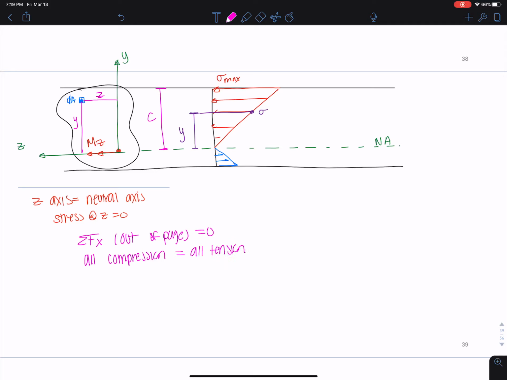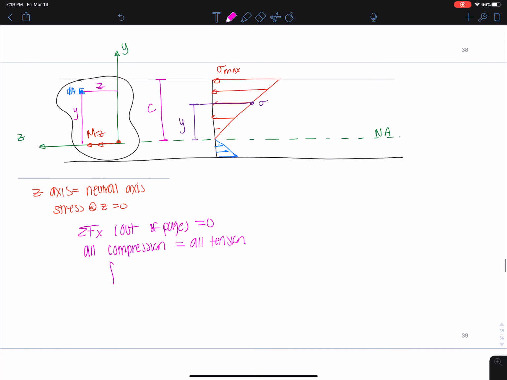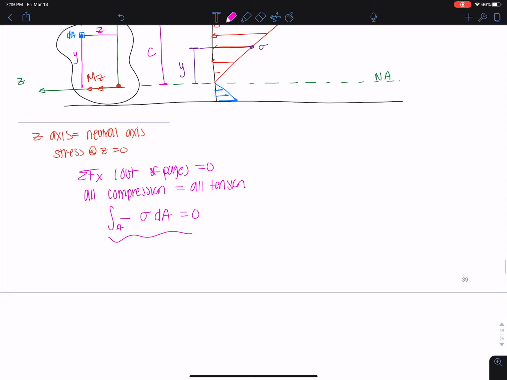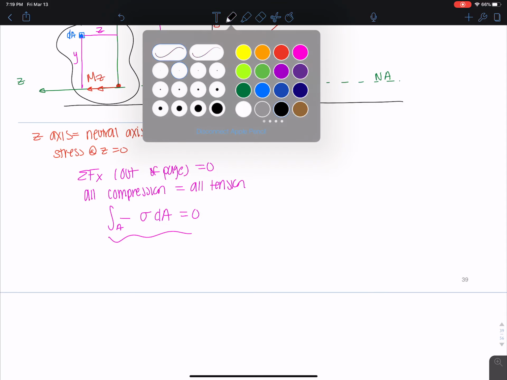So anything here above the neutral axis has to equal everything else. So that means if I take this integral, negative sigma dA for every single area equals 0, this basically was what we said had to be true. And previously, for this to be true, so I'm going to write this out because this is super important.